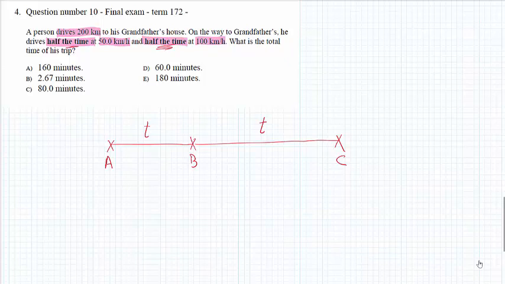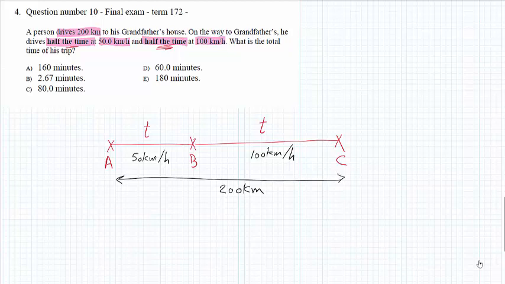During the first part, the speed is 50 kilometers per hour. During the second part, the speed is 100 kilometers per hour. The total distance traveled from A to C is 200 kilometers.